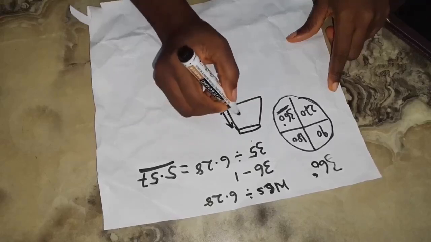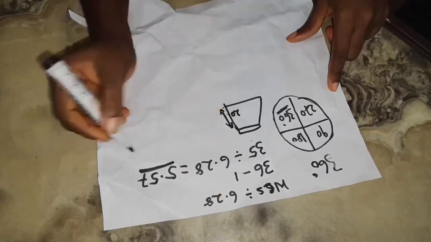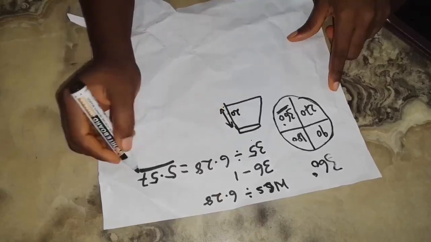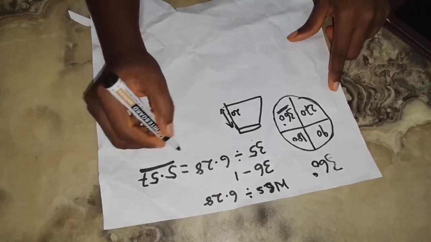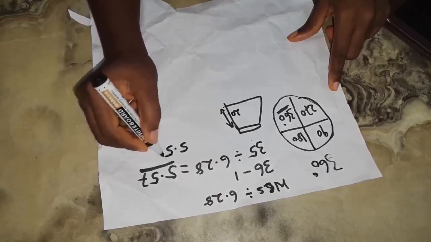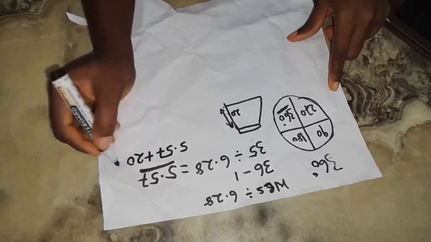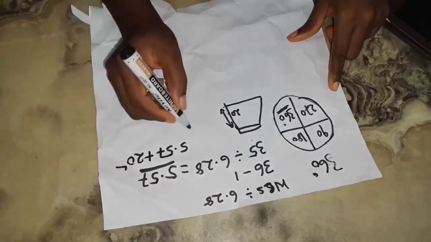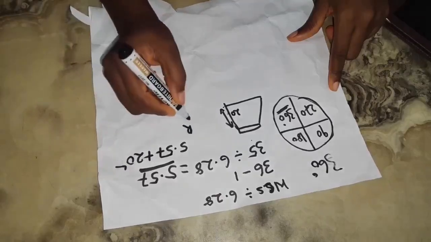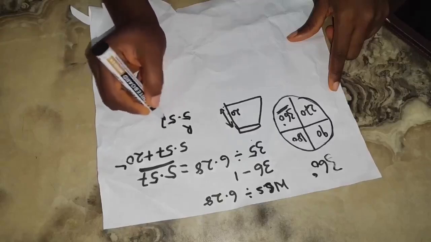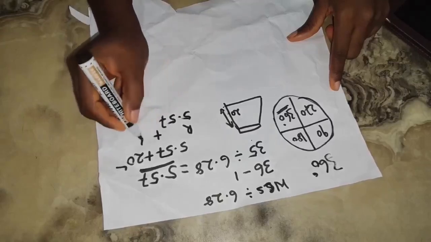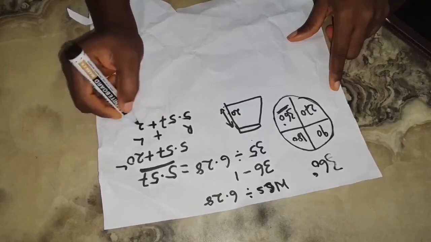And let's say the length here is 20. So we're adding this up. Let's say that is the radius, which is 5.57, plus the length, which is 20.